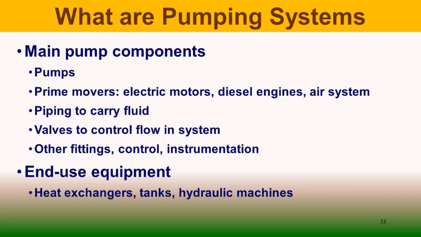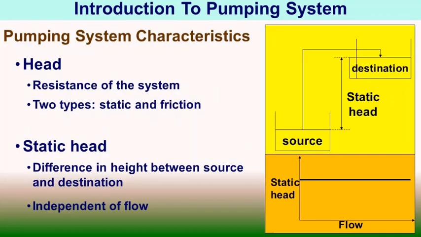Therefore, the pumping system components and configurations are determined by these end-use equipment like heat exchangers, tanks, and hydraulic machines. Every fluid flow system imparts a system resistance across the fluid flow passage, and pressure is needed to pump the liquid through the system at a certain rate to overcome this system resistance. This pressure has to be high enough to overcome the resistance of the system, and is also called the head.